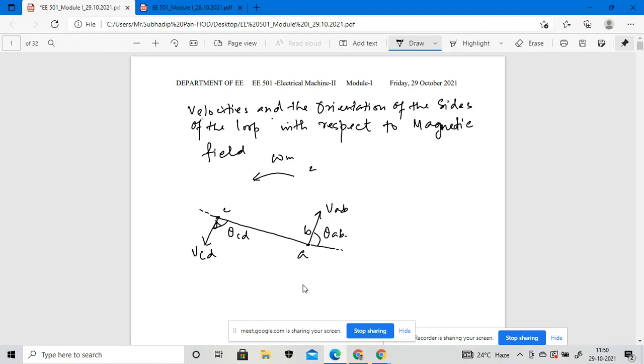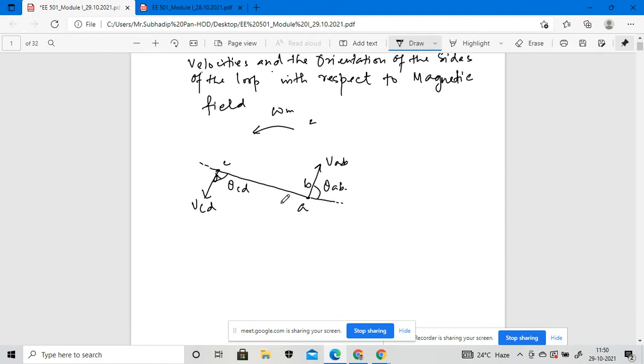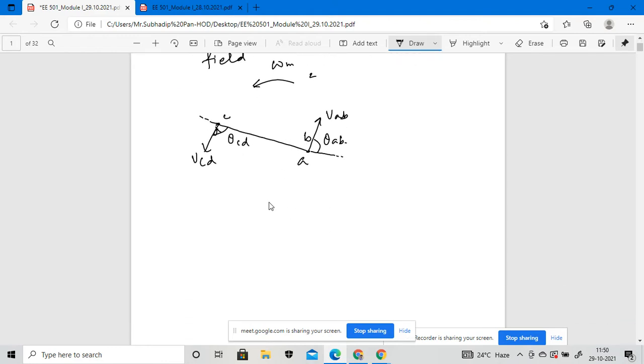If I simplify this particular figure, it will look like this. So V of AB, and this will be my B. The direction of the motion with respect to the magnetic field for the AB side will be considered as theta of AB.